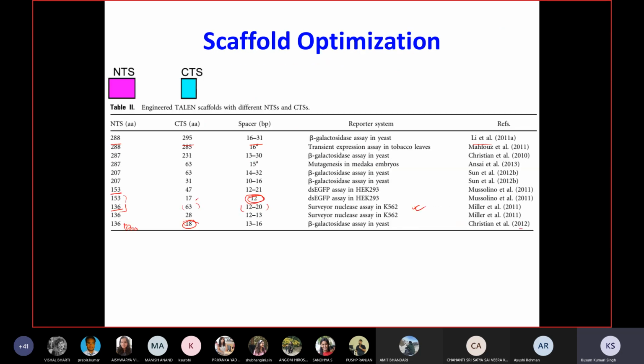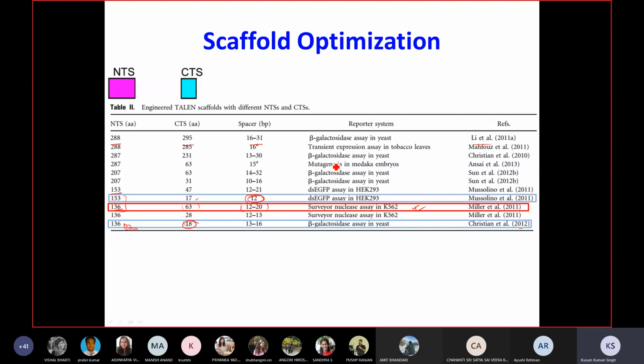So you see a 12 residue spacer was used in later constructs, for example 153 residues at the N terminus, 12 at the spacer region, and 17 at the C terminus. Similarly here the smallest is 136 amino acids, then 18, and 13 to 16 spacer regions. These were the prominent exercises they did.